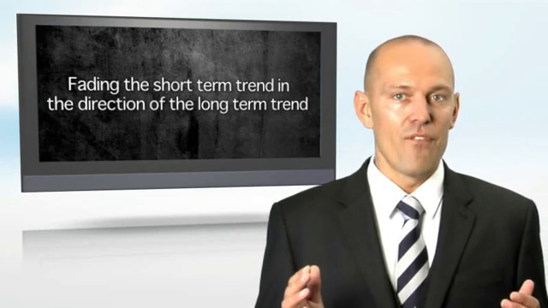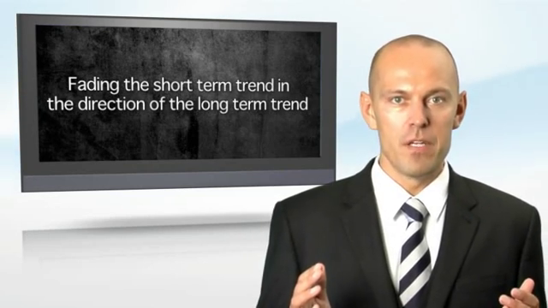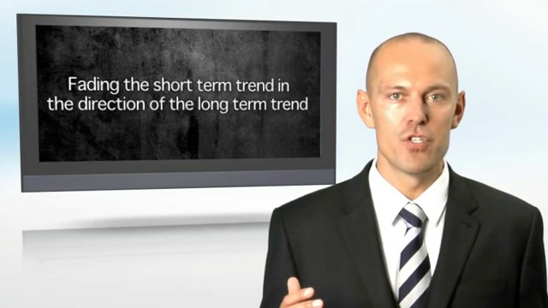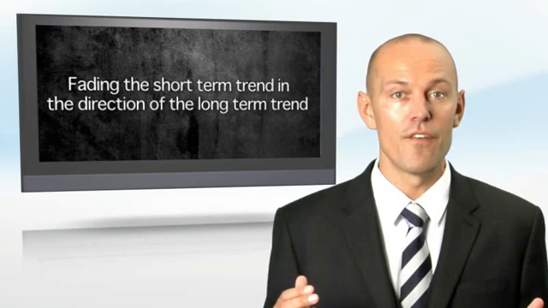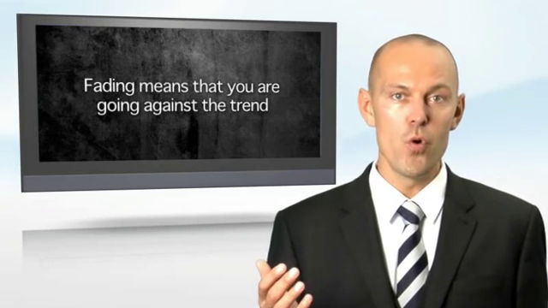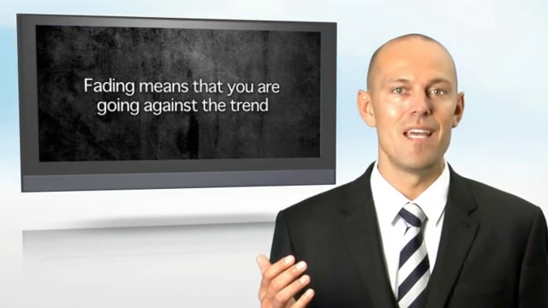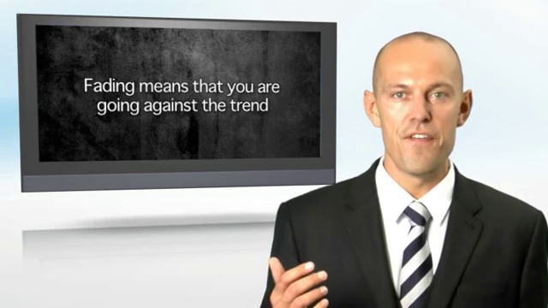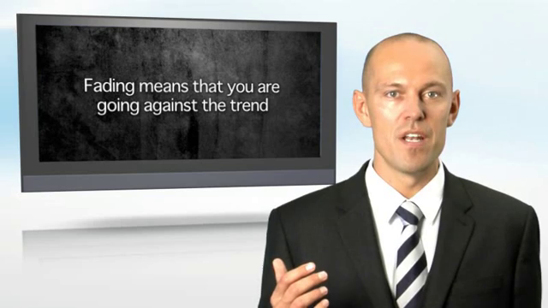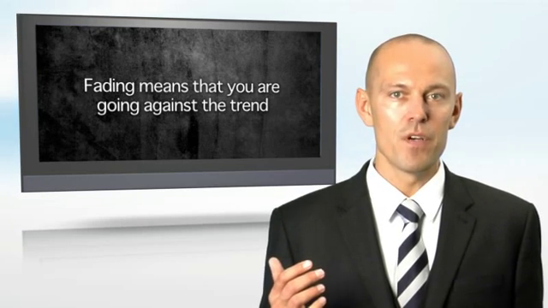It means that if I see the trend on a 15-minute chart is up, I will buy the dips on the 5-minute chart, even though it looks as if the market is moving lower on the 5-minute chart. I am essentially fading the move on the 5-minute chart in the direction of the move on the 15-minute chart. Fading means I'm going against the trend. I'm doing this because I want to trade in the direction of the trend that I am following.